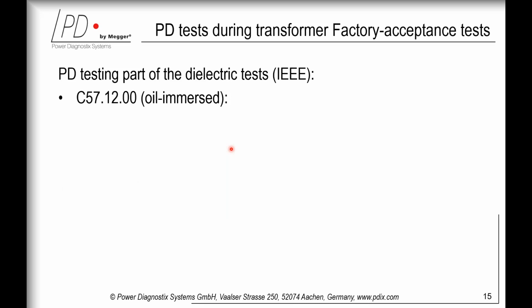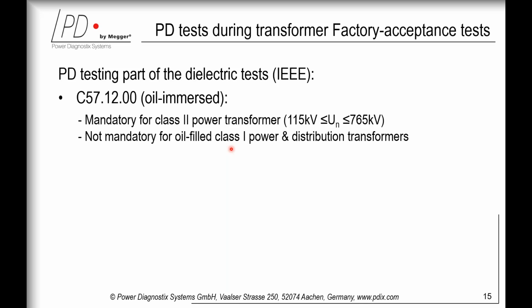On the other hand, let's take a look at FATs done under the regime of the IEEE. Within the IEEE regime, PD testing is mandatory for all Class 2 power transformers with a nominal voltage between 115 kV and 765 kV. PD testing is not required for oil-filled Class 1 power and distribution transformers. A Class 1 power transformer is any transformer with a nominal voltage smaller or equal to 69 kV.